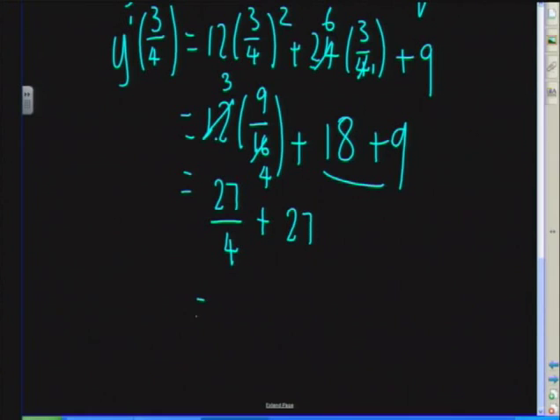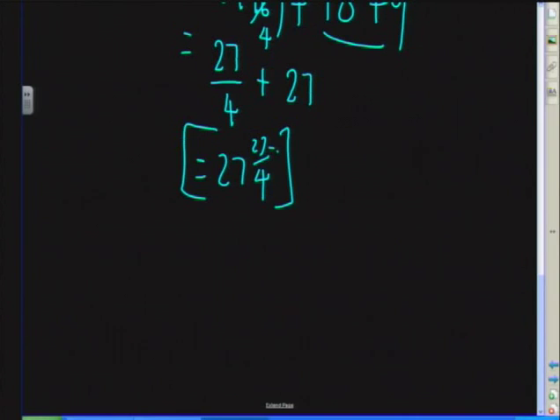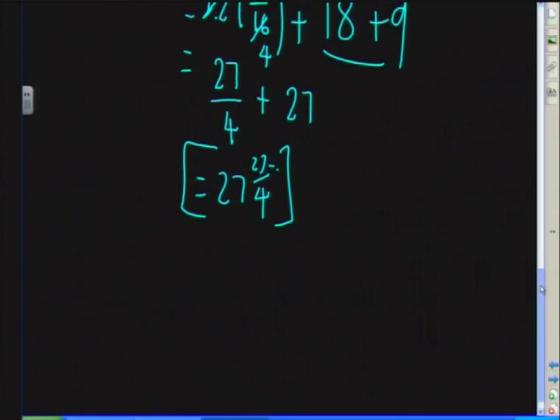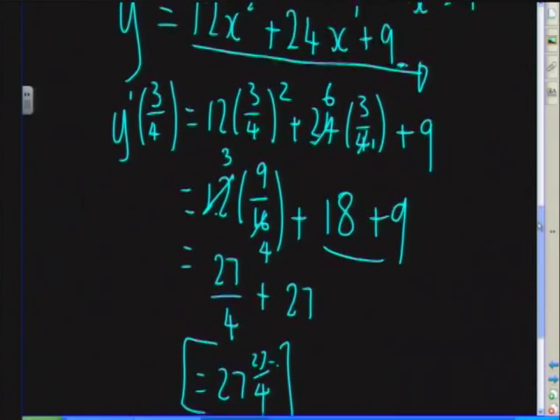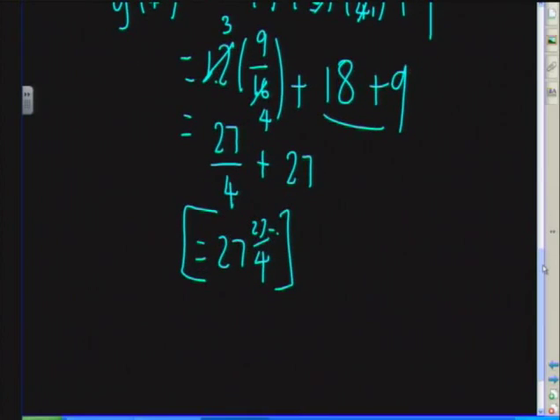So I'm going to get 27 and 27/4. All right, and you can use your calculator. I think this is going to give you like 28 point something. Unfortunately, I don't have my calculator up at the moment, so I can't give you the decimal answer to that. But it'll be 28 point a few decimal places. All right, so what have I found?